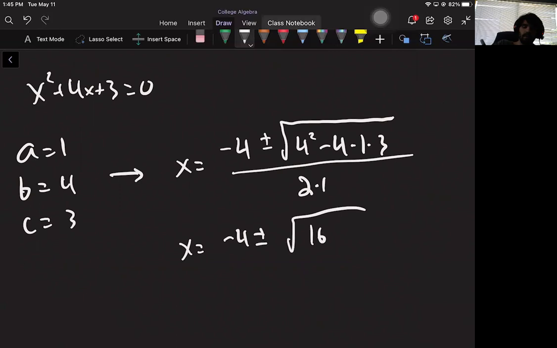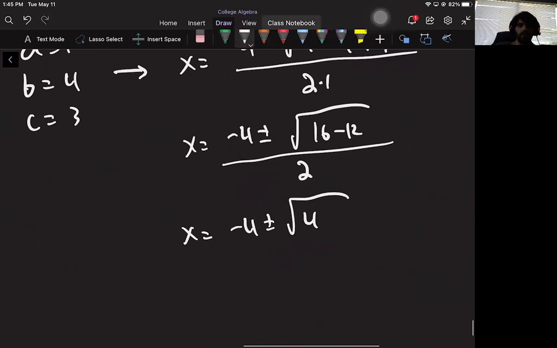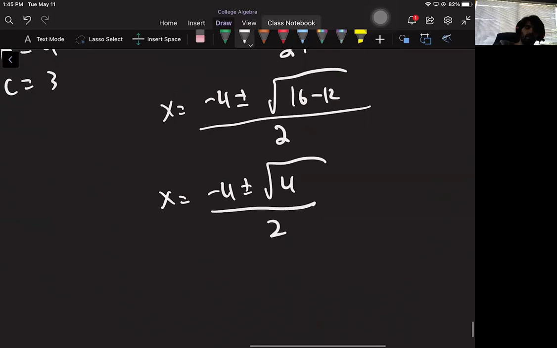And we just need to simplify to see that this is the same. So this becomes 16 minus 12 over 2, and then this becomes the square root of 4. This is why we preemptively introduced the plus or minus in this formula. It's already there. So the square root of 4 is 2 or -2.